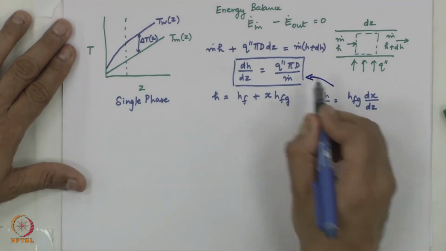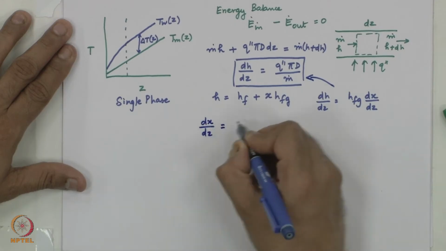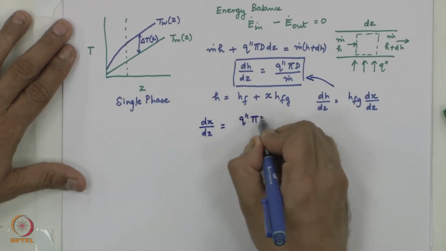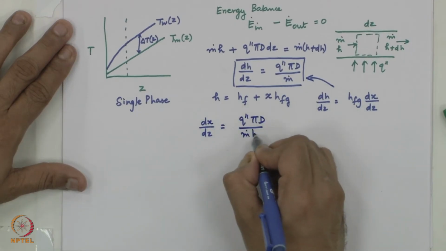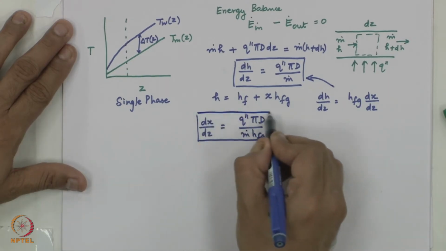When I substitute here, I get dx by dz is equal to q double prime pi d by m dot Hfg. I hope you are able to see this.